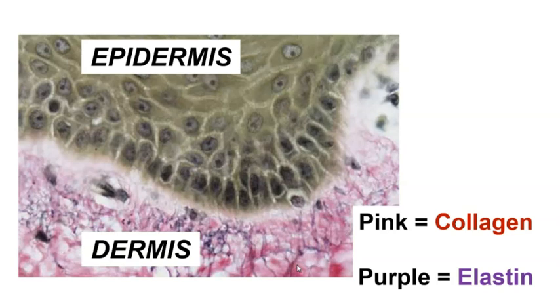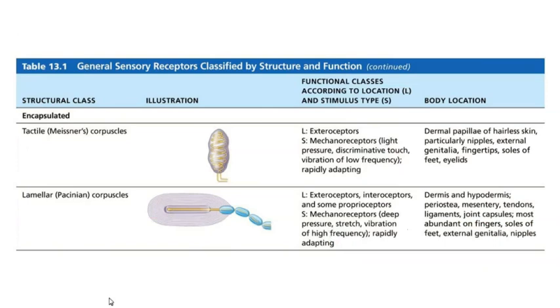Of these two fibers, the elastic fibers in particular give the dermis the ability to stretch, and the collagen fibers help make the dermal tissue strong and tough. So this really contributes to the flexibility, the strength, and the toughness of the dermis.